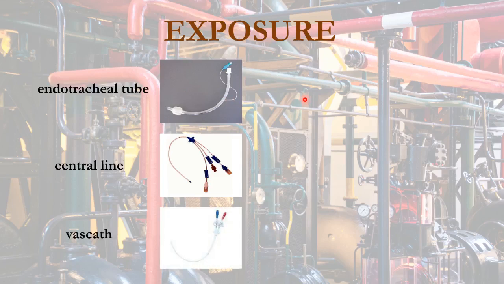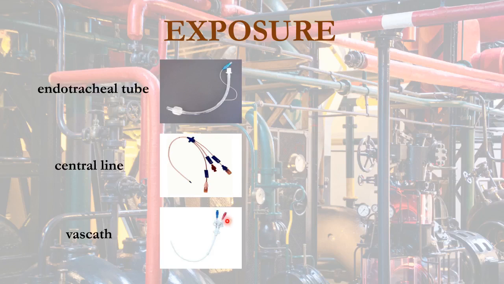Okay, next is VASCATH. Okay? What's a VASCATH? VASCATH stands for vascular catheter, and it's inserted by the doctor to a patient who needs filtration. Some sort of dialysis, basically. Okay? Hemofiltration, hemodialysis. That's what a VASCATH is for.